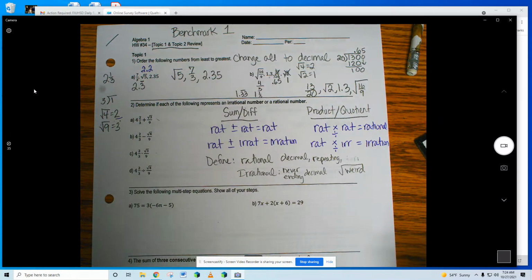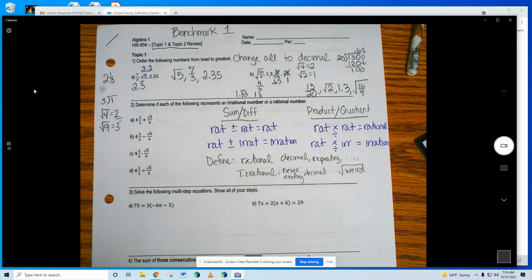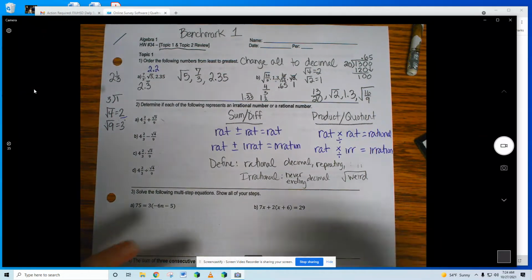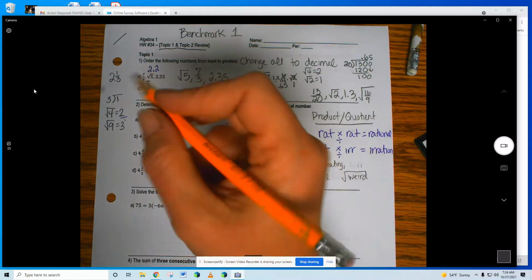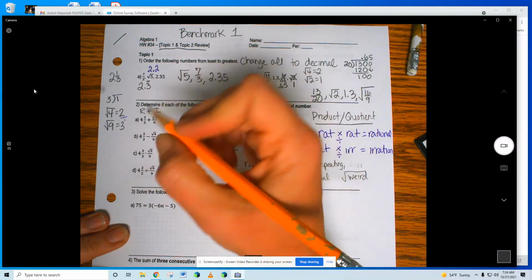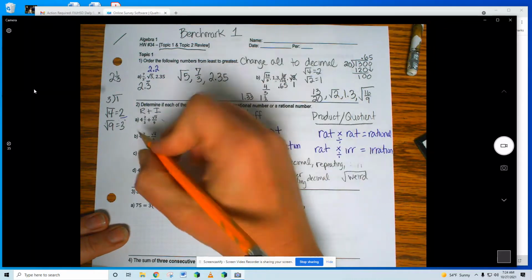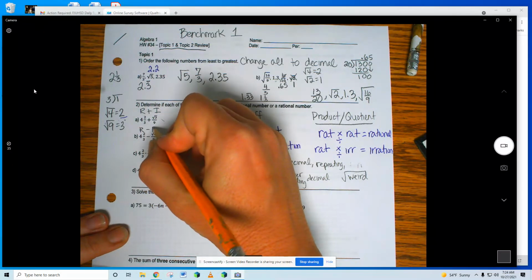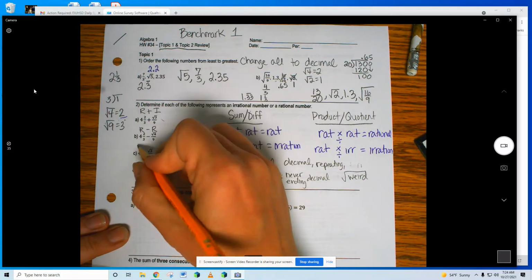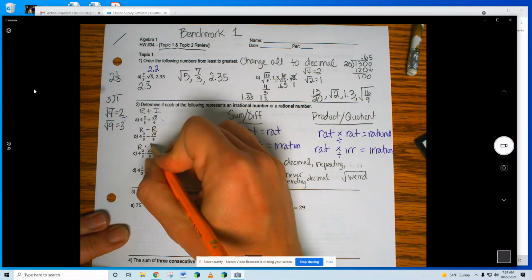So what I'm going to do is go through and put an I or an R over each of these. And then you're just going to be able to write the answer based on my purple information. So this is irrational plus this is irrational. This is rational minus irrational. 4 2/3 is rational times irrational.